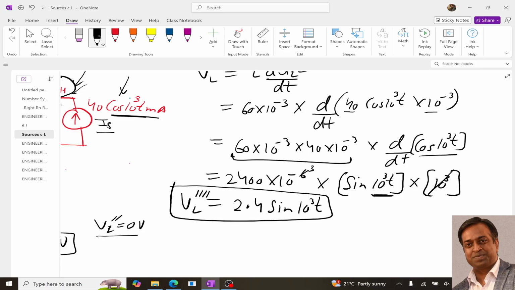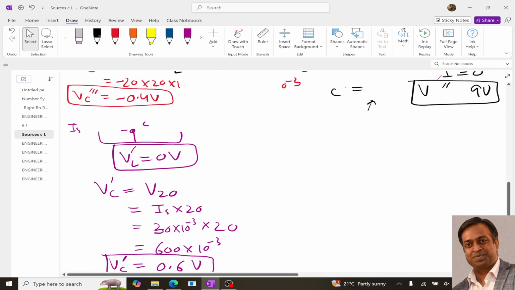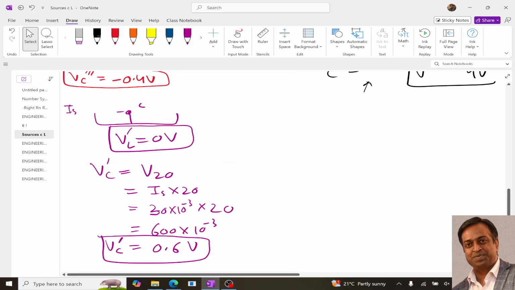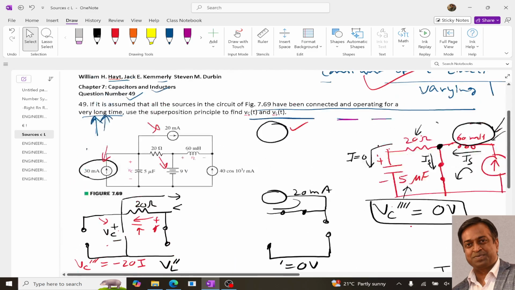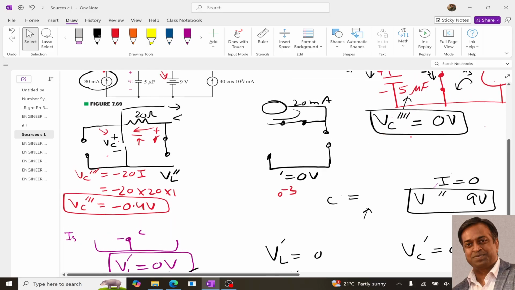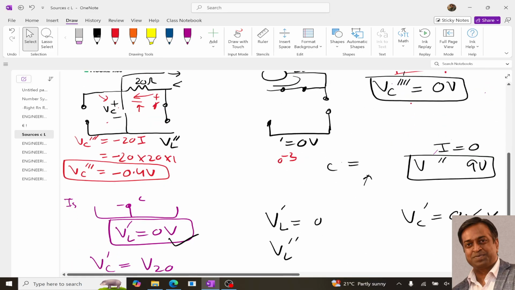So you can see now if I compile, our VL single dash is 0, our VC single dash is 0.6. Then VL double dash, where do we have VL double dash?